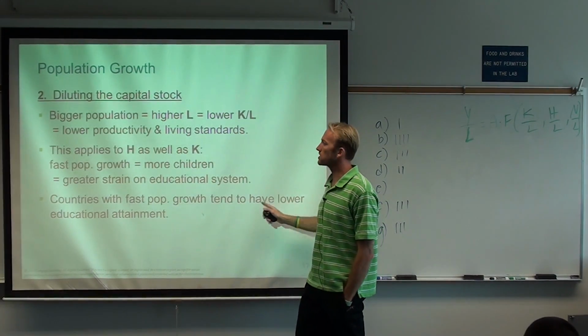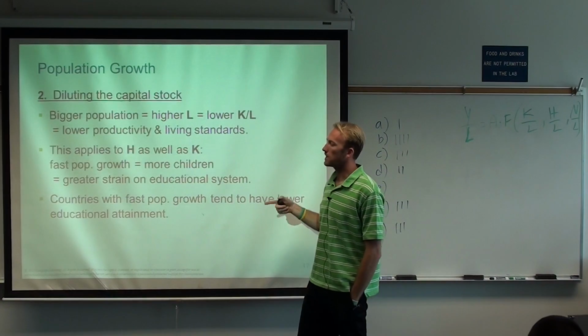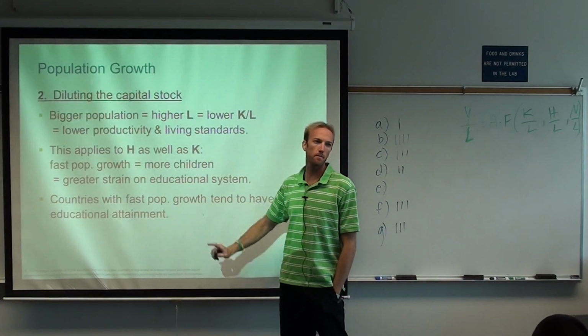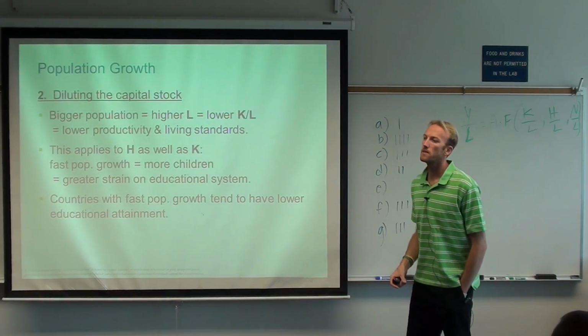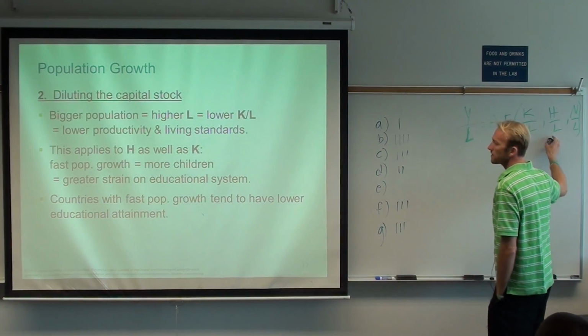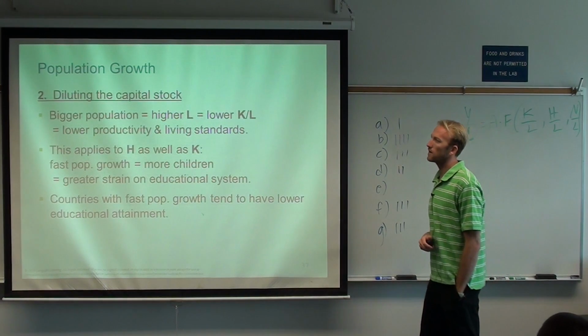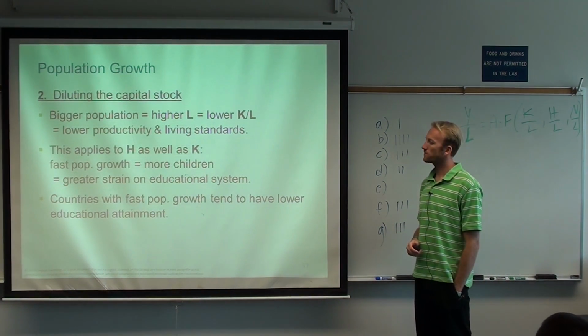This is not causation. This could just be correlation. It could just be that poor countries have fast population growth and poor countries also have low educational attainment. But if you think of it in terms of our model here, you can kind of understand how perhaps that could go down.